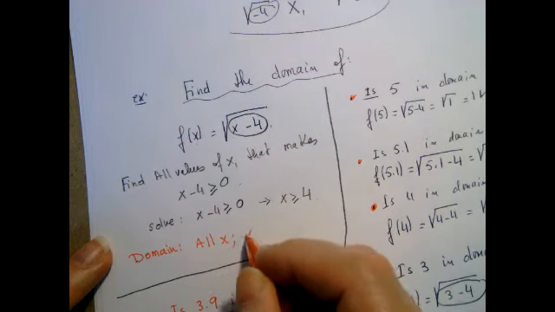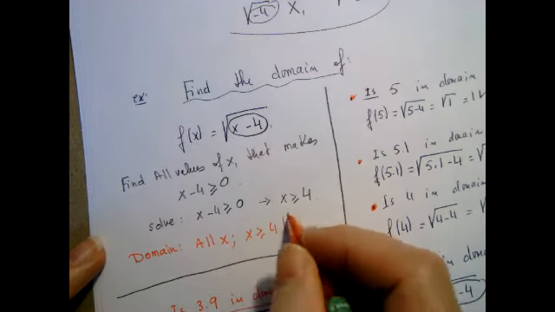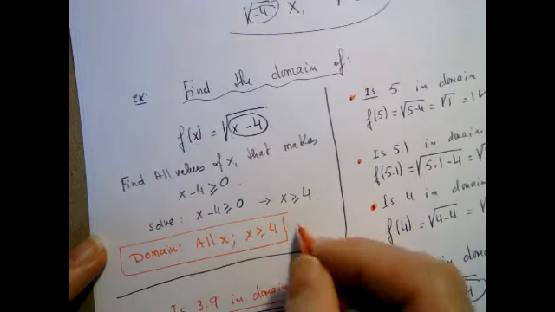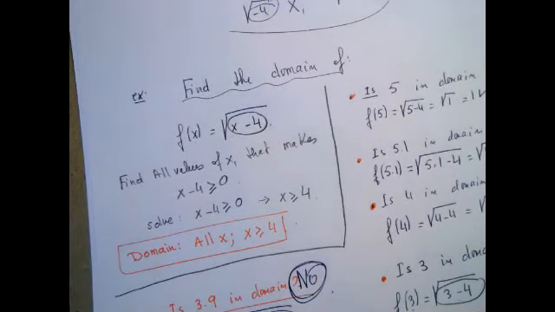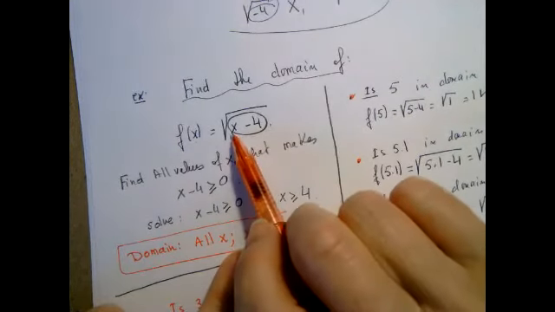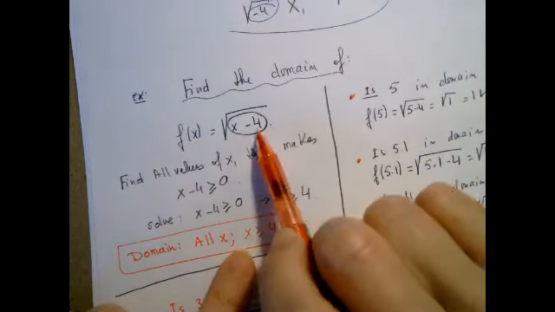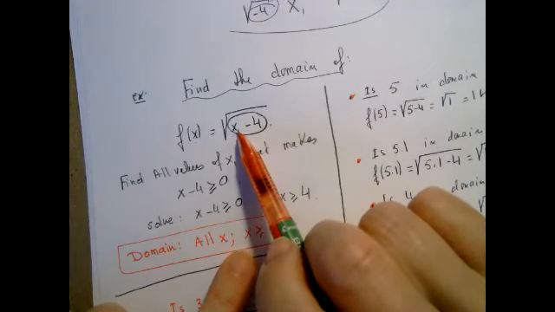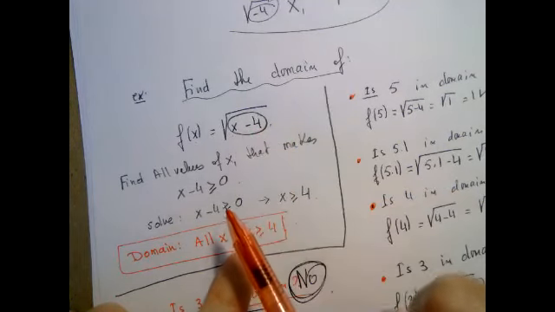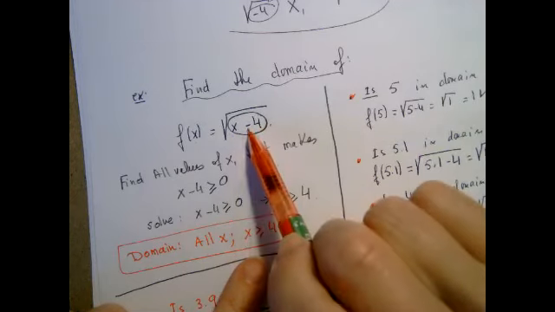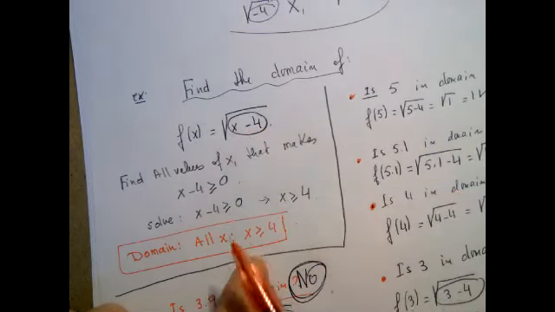All x's such that x is bigger or equal to 4. This will be the allowable values for this function. So 4 is acceptable. 4.1 is acceptable because 4.1 minus 4 is a positive number. So what's acceptable? Everything that makes the term under the square root positive.